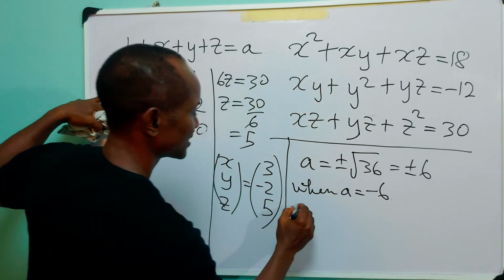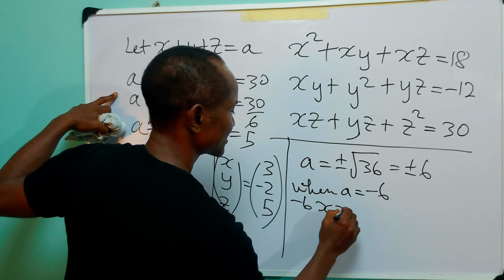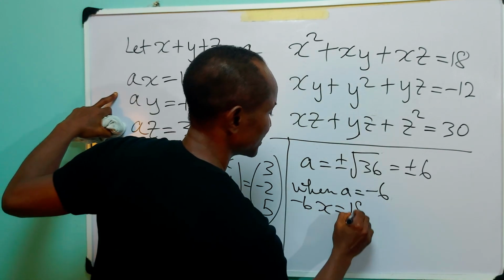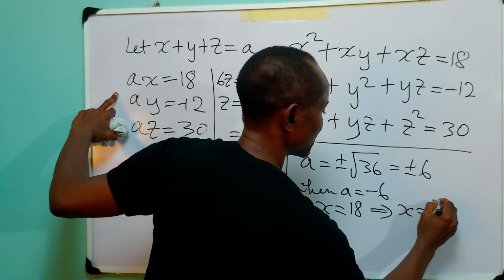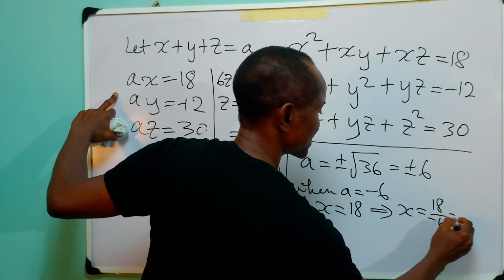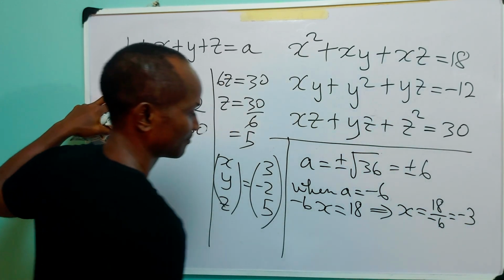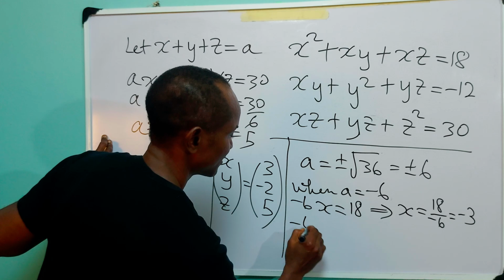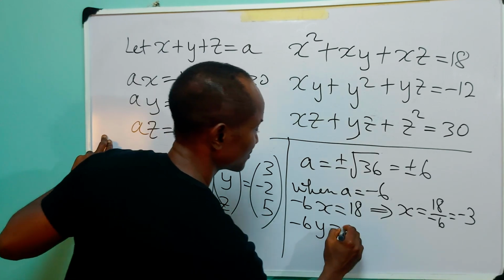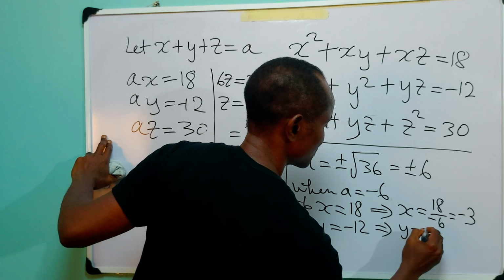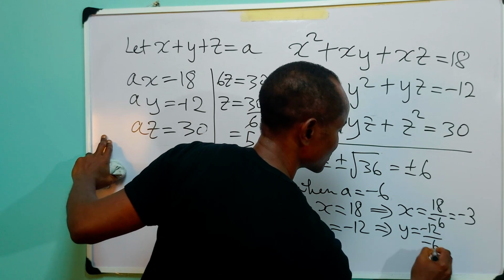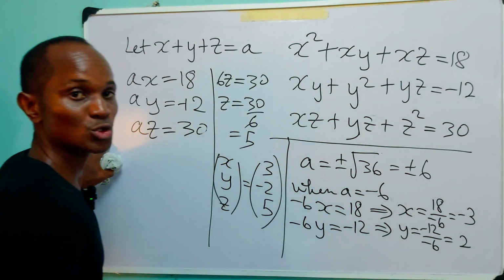In this case, we have that minus 6x is equal to 18, and x is equal to 18 over minus 6, and this is minus 3. We have that minus 6y is equal to minus 12, from where y is equal to minus 12 over minus 6, and this is equal to 2.